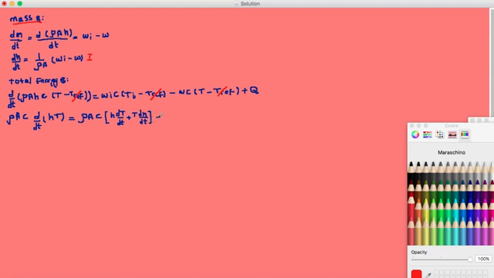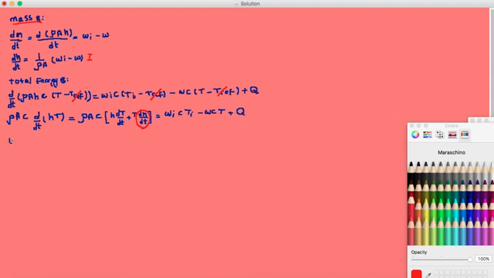and then the right hand side of the equation is omega I C T I minus omega C T plus Q. And also we can simplify it more because we have dH/dt here, which is the same as equation 1, so let's substitute that.